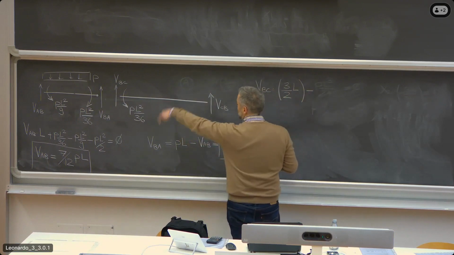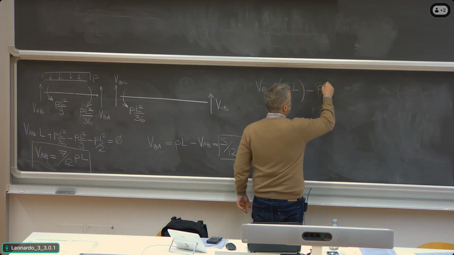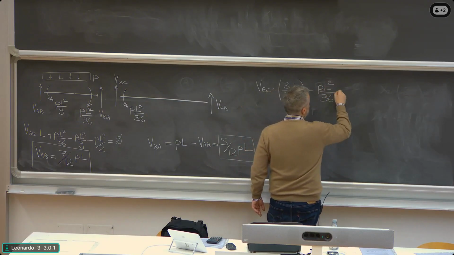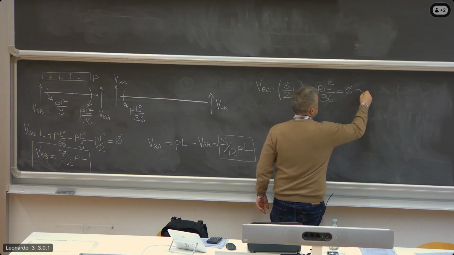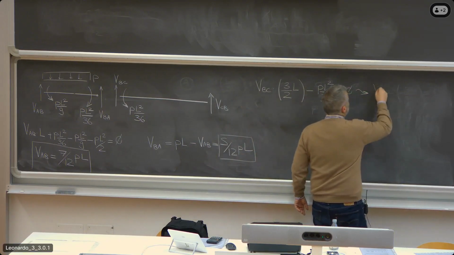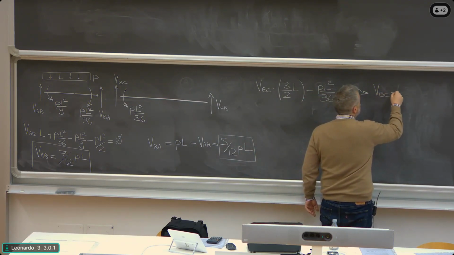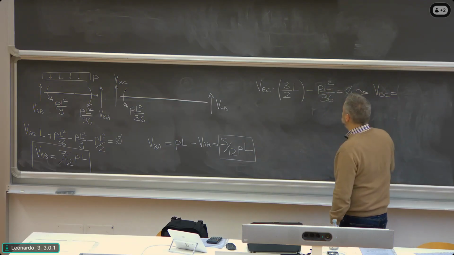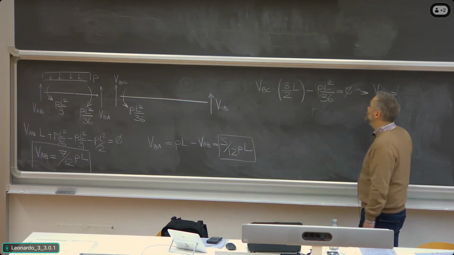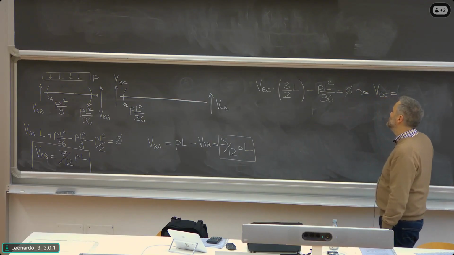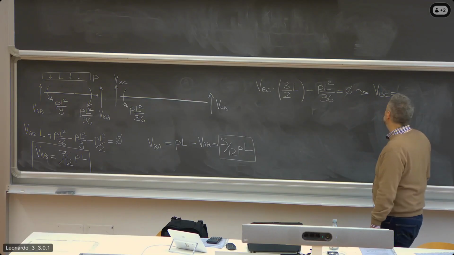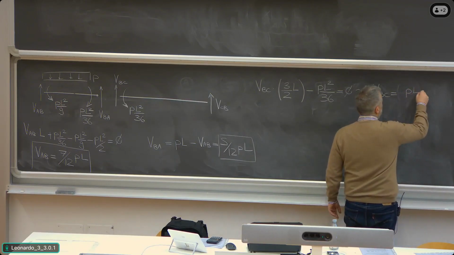Minus PL squared divided by 36, which is the bending moment at the right of support B. So VBC in the end is basically 1 over 36 times 2 over 3. The result would be PL divided by 54.